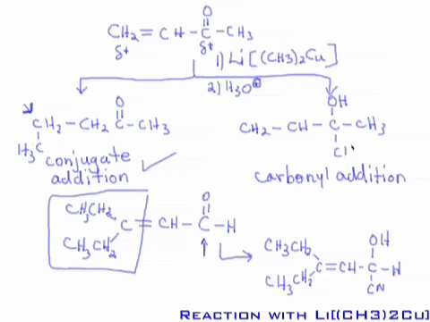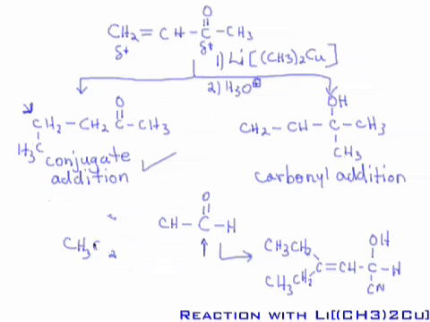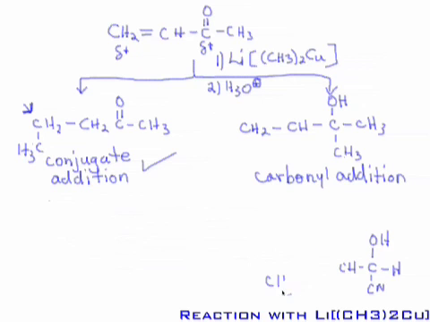You could envisage it going here for carbonyl addition. And indeed, with lithium dimethyl cuprate, which is a weaker alkylating agent, we get the consistent idea of weaker reagent yielding and supporting conjugate addition. But we know that Grignard reagents and alkyl lithium reagents, such as methyl lithium, are much stronger alkylating reagents.